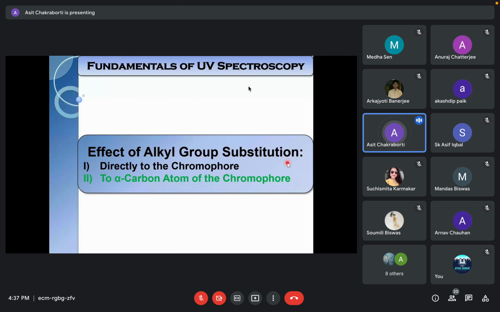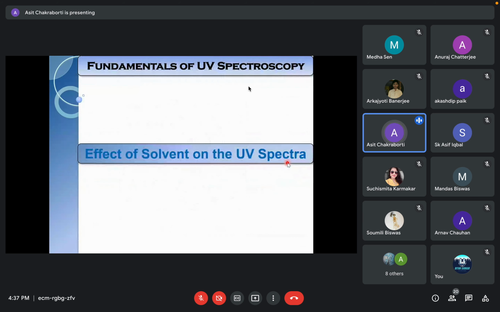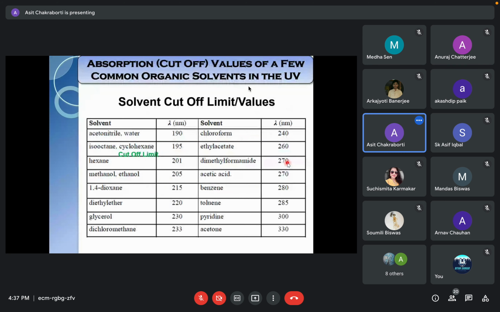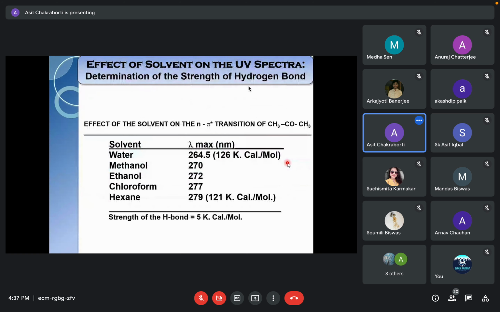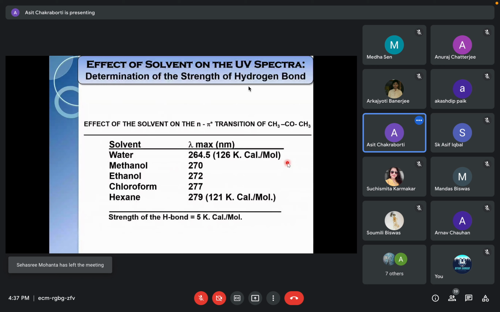Okay, so our query was, can we use UV for determination of stereochemistry? We talk about hydrogen bond, and hydrogen bond formation is the heart of what we call chemical biologists, biophysicists or drug development people.